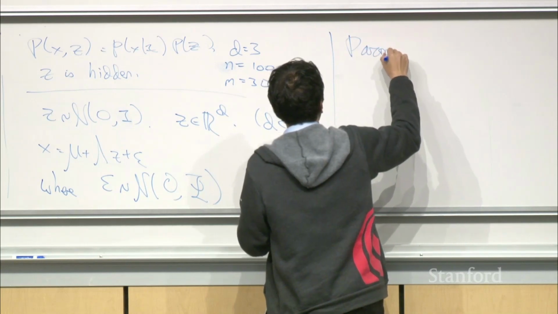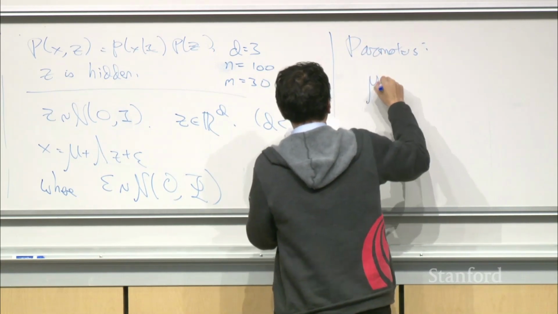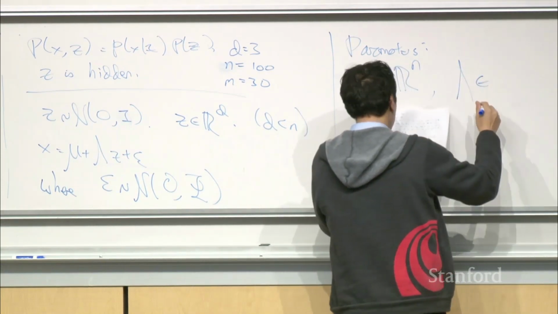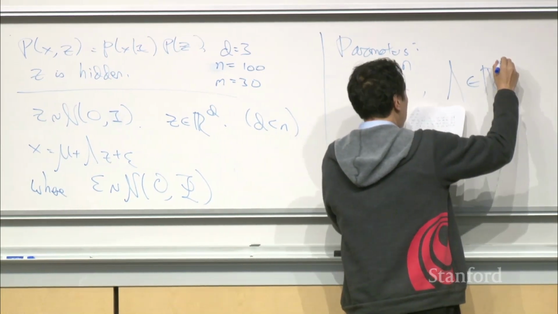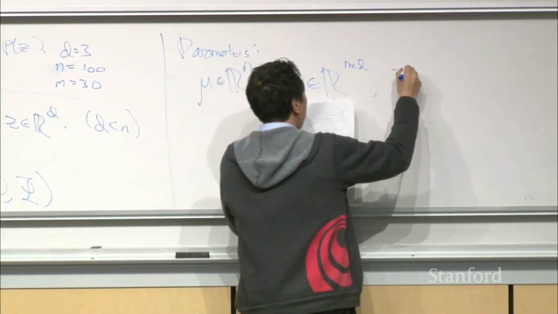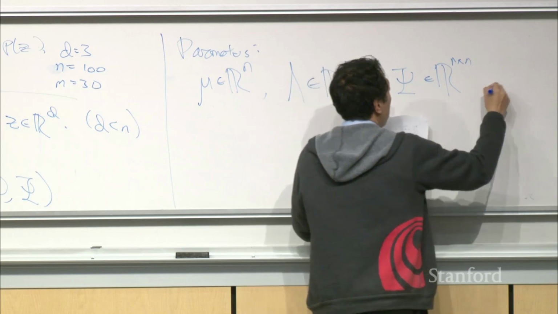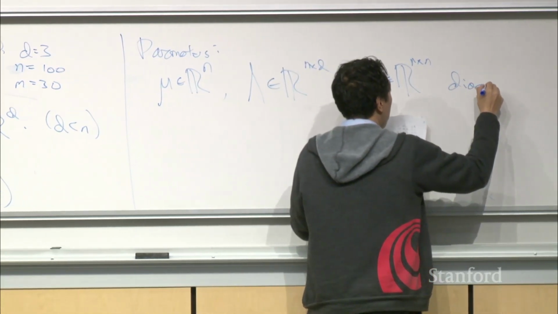The parameters of this model are mu, which is n-dimensional, lambda, which is n by d, and psi, which is n by n, and we're going to assume that psi is diagonal.